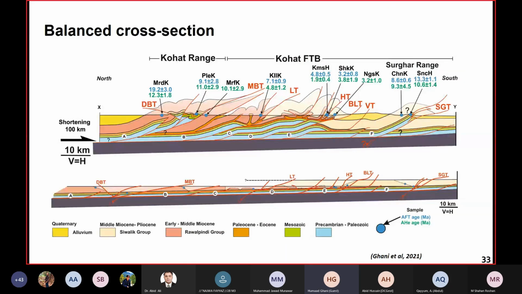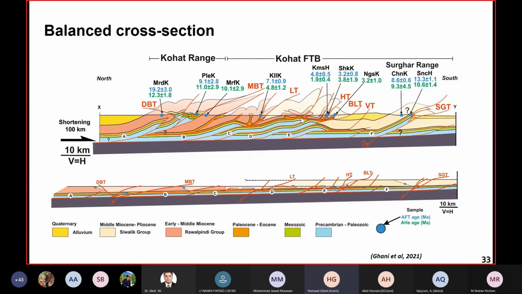So what I've made is a structural cross section to look at the structural style of this area. What you see is that south of the MBT, the whole structural style is decoupled above the Paleocene-Eocene. What is below is duplicated in the form of one thrust sheet riding on top of another towards the south.